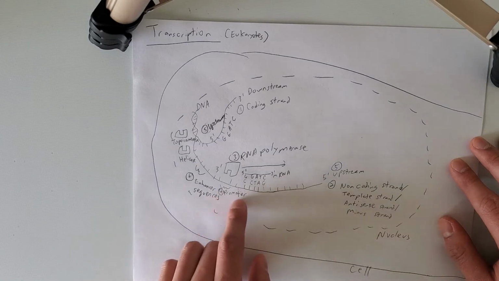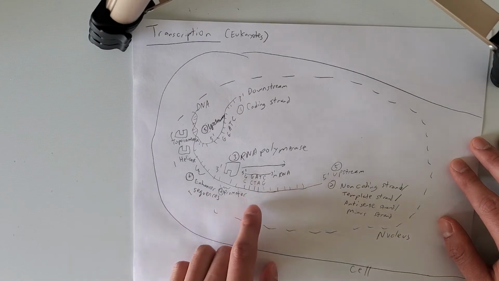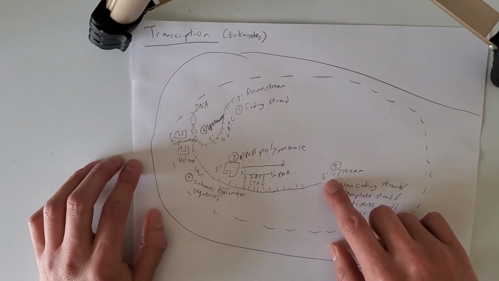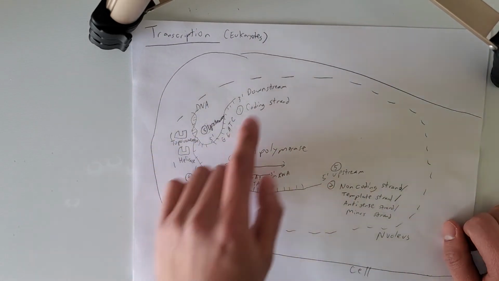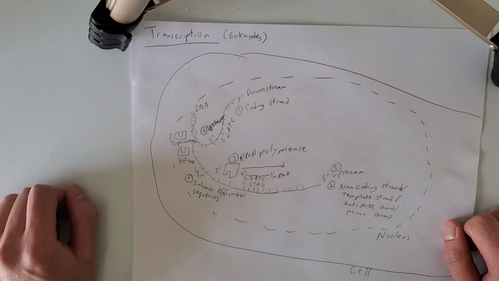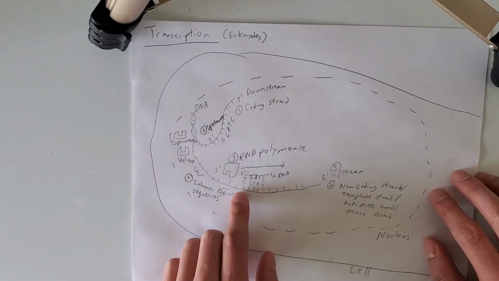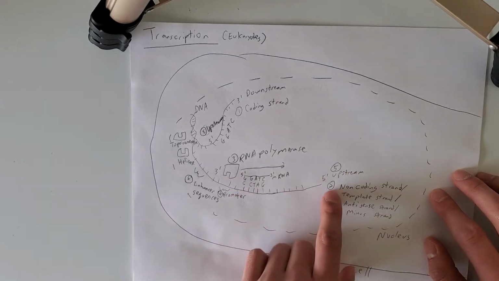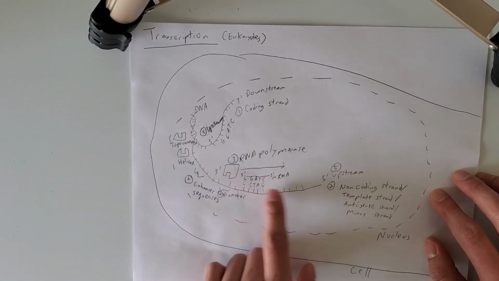So next word there is upstream and downstream. Upstream just means closer to the 5' side. Downstream just means closer to the 3' side. So if you notice, RNA polymerase is actually going to follow the non-coding strand from 3' to 5'.